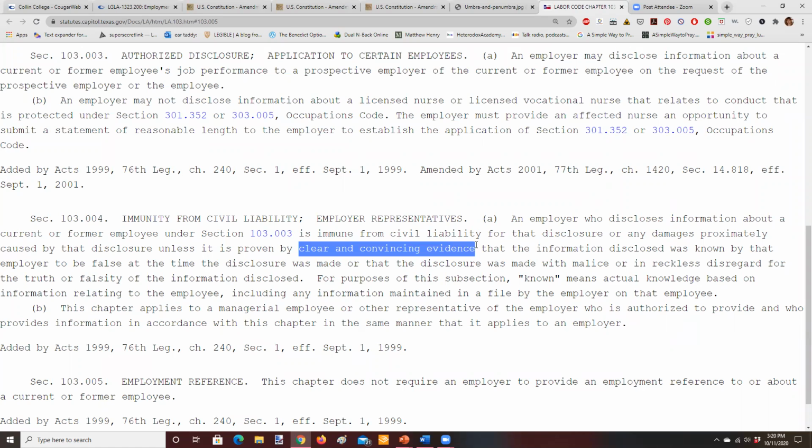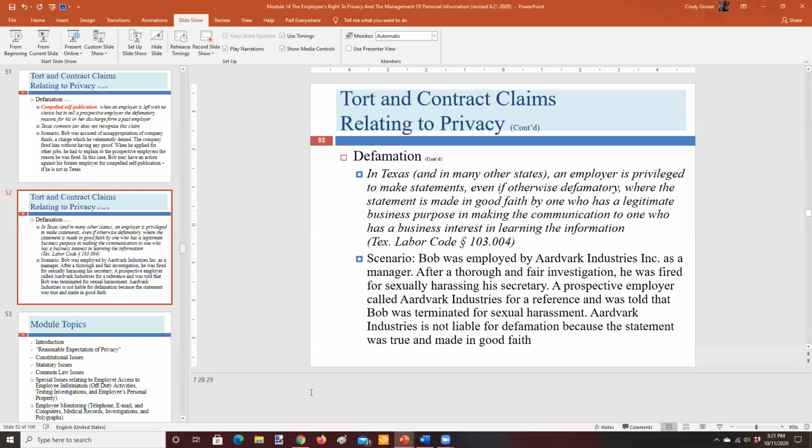So this is a higher standard than preponderance of the evidence. Unless it is proved by clear and convincing evidence that the information disclosed was known by that person to be false at the time the disclosure was made, or the disclosure was made with malice or in reckless disregard for the truth or falsity of the information disclosed. So this is our safe haven in Texas for reference checks.